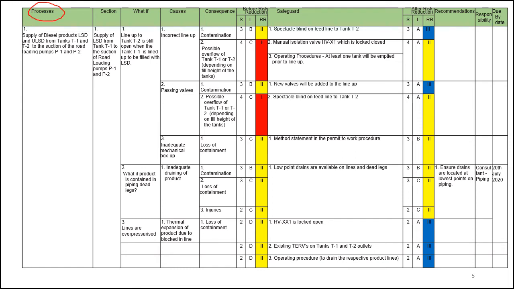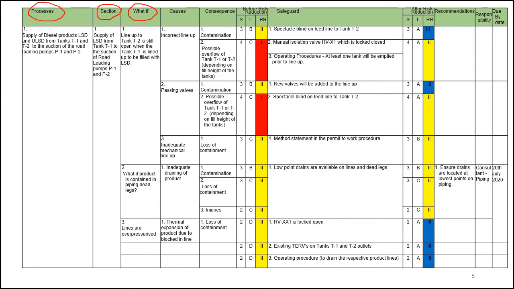Column 2 is the section of the process which the team will firstly discuss. Column 3 is the what-if questions that the team will consider for that subsection. The what-if questions are the equivalent of the parameter and guide word we use in a HAZOP PHA.